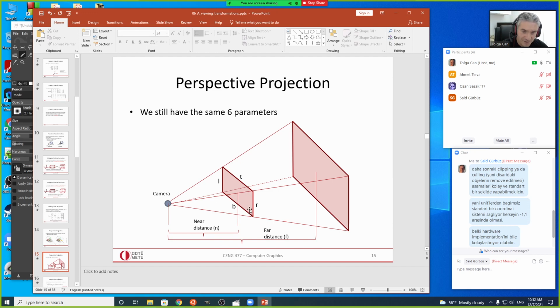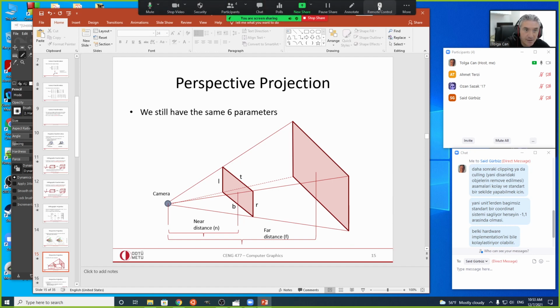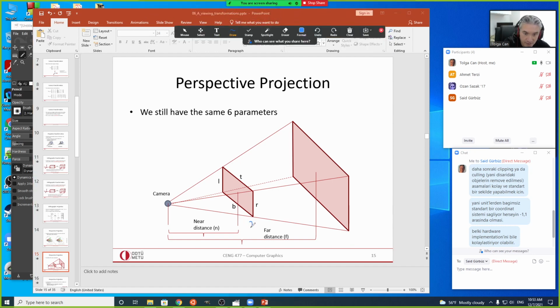We have a near distance and far distance, which are most usually given as positive values, which means that the near clip plane is at z equal to minus n. The image plane is a plane parallel to the xy plane. The plane equation is this: z equal to minus n.